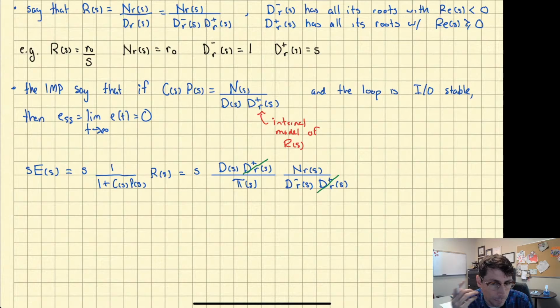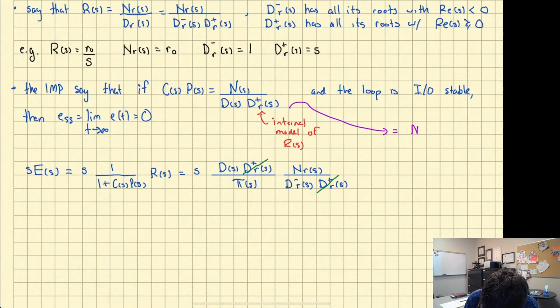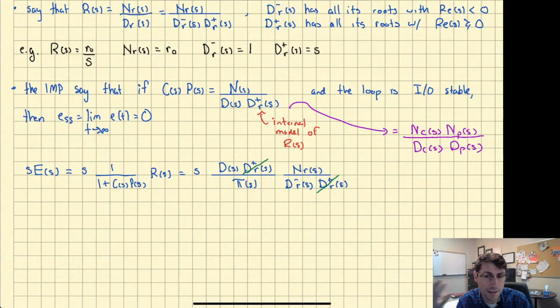I guess one way you could think of this is that I'm saying this quantity here equals numerator of controller, numerator of plant, over denominator of controller, the usual thing, denominator of plant, right? But it has a special form. So I've just combined these two to call that n of s.